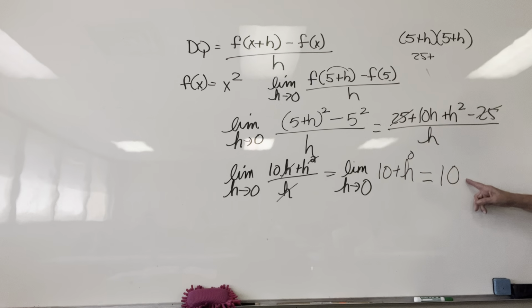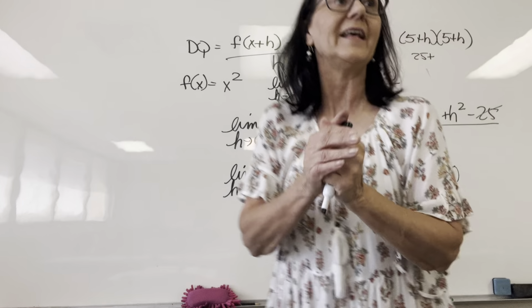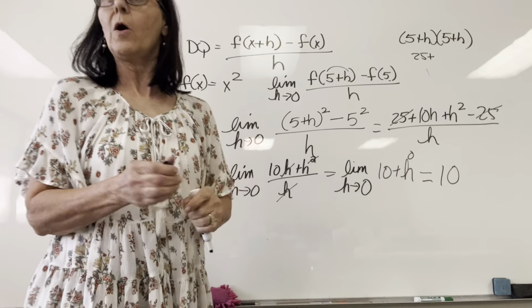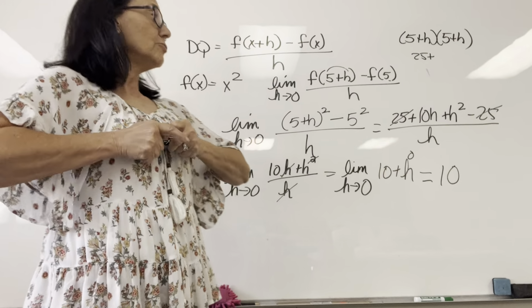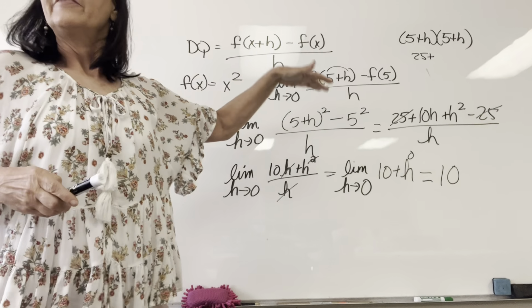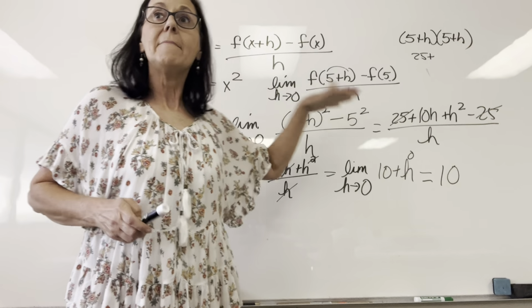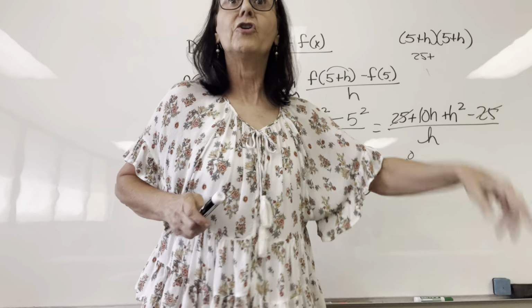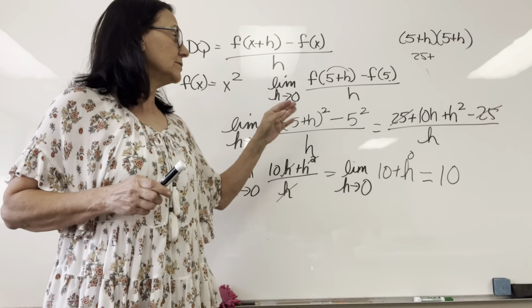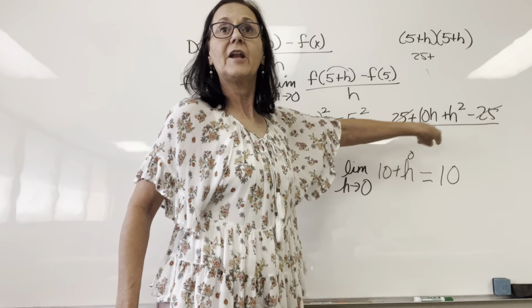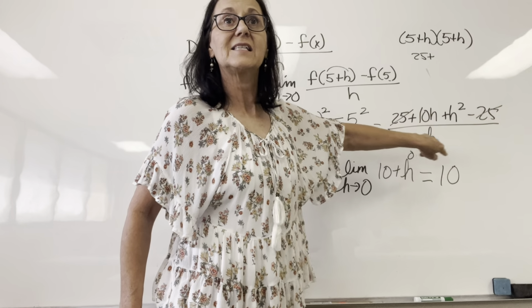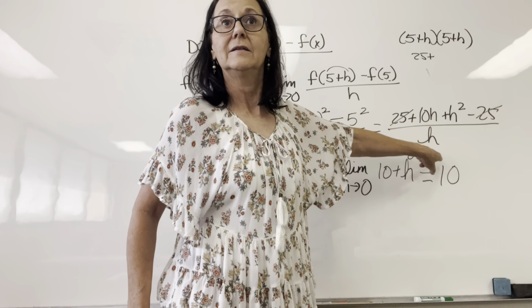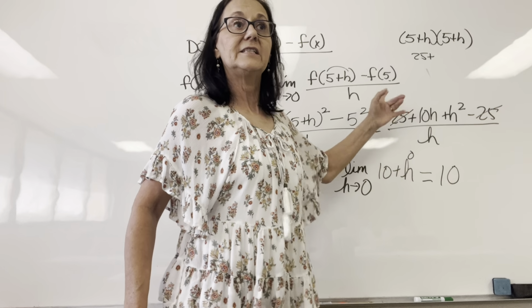So what did we do? This is why we use the difference quotient, because you eliminate the value that makes it discontinuous. You're always going to eliminate the value in the denominator that makes this undefined by using the difference quotient.